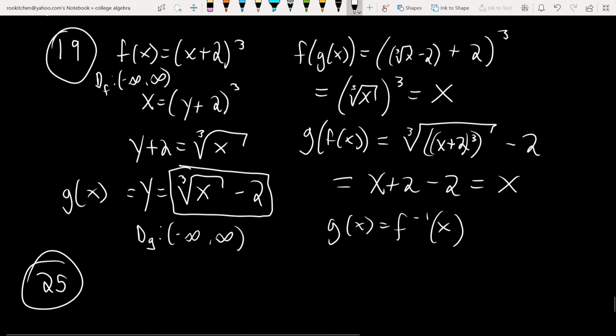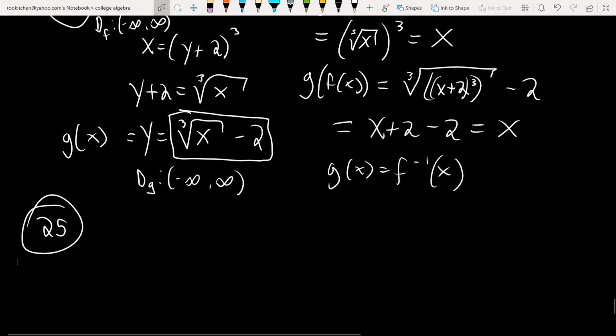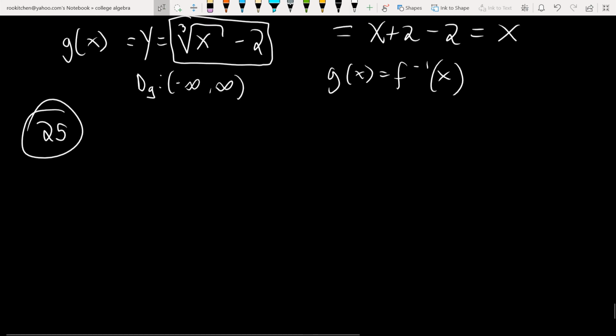All right. So 25 is another one of these problems. You have to find f inverse, and you have to do the cancellation equations. Okay. So this one's a little bit longer. Let's take a look. So I have f of x is (x plus 4) all over (x minus 2). And so I want to find g of x.